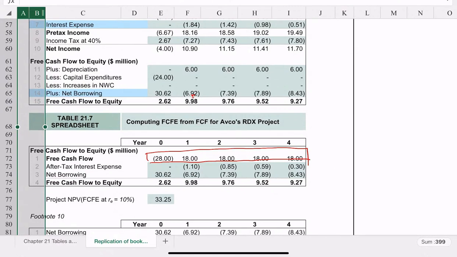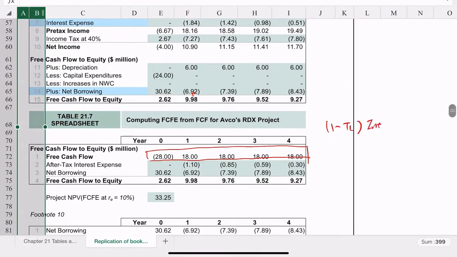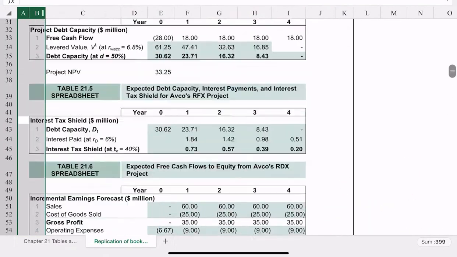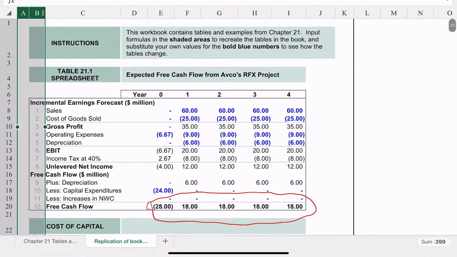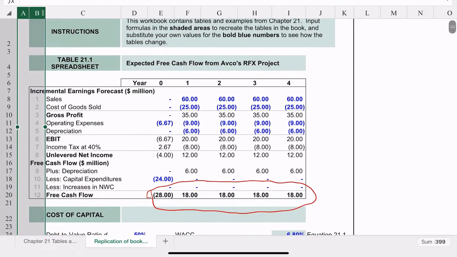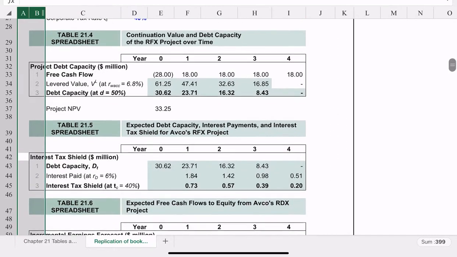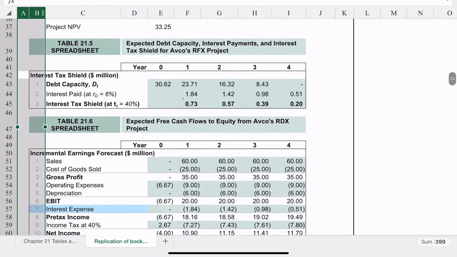Right? How do you get this? Well, it's pretty easy, right? You would just use 1 minus the corporate tax rate times the interest expense. And obviously you can find the firm's interest expense from the first, so where's the interest rate? Oh yeah, it's here, from this table, right?